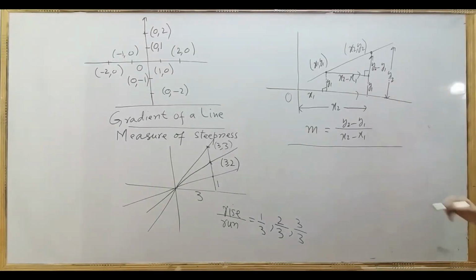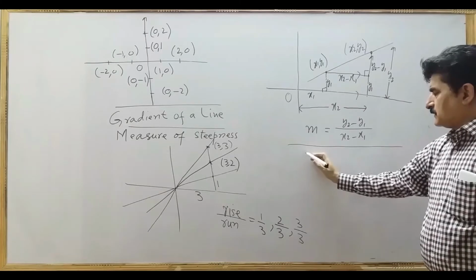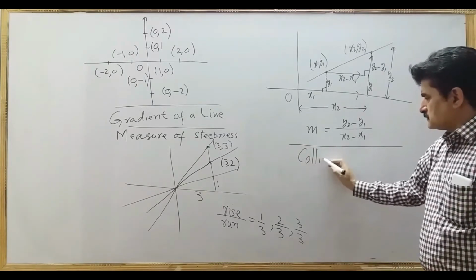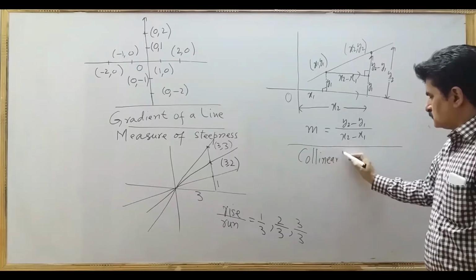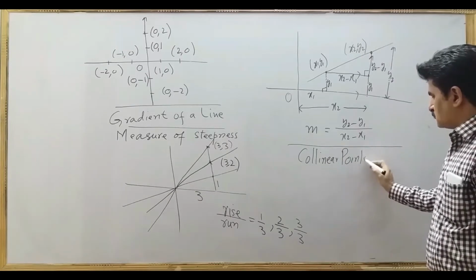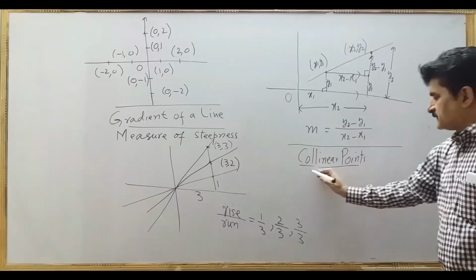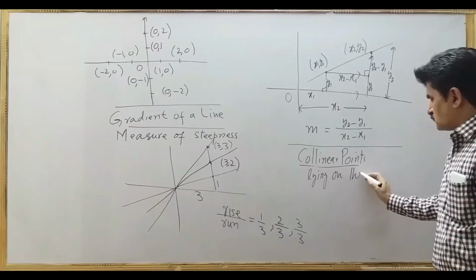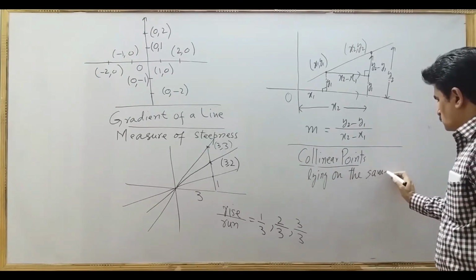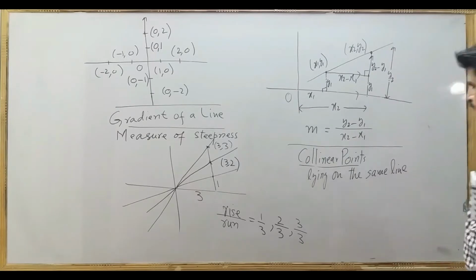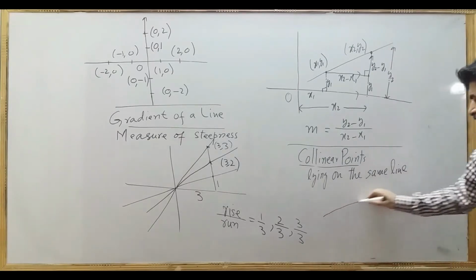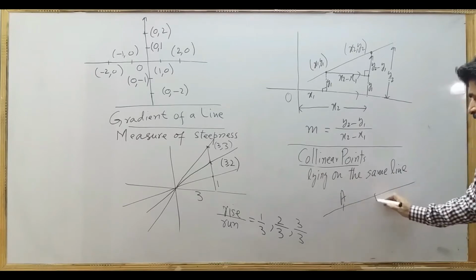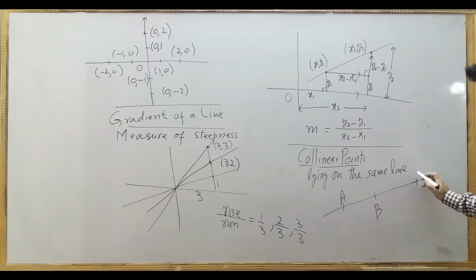Application of this idea is that we have collinear points. Now points lying on the same line. So you are given 3 points on a line, say A, B and C. So you can find the gradient by using any of these 2 points.